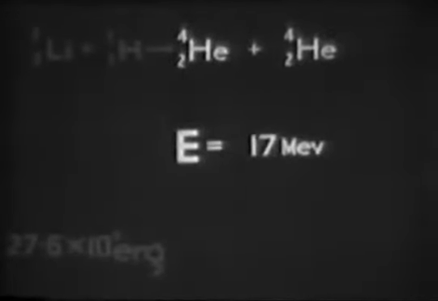Measured in ergs, this becomes 27.2 times 10 to the minus 6. Thus, one calculation gives 27.2 times 10 to the minus 6, and the other 27.6 times 10 to the minus 6, a sufficiently close approximation to show that Cockcroft and Walton were correct, and that great energy can be released by splitting the atom.